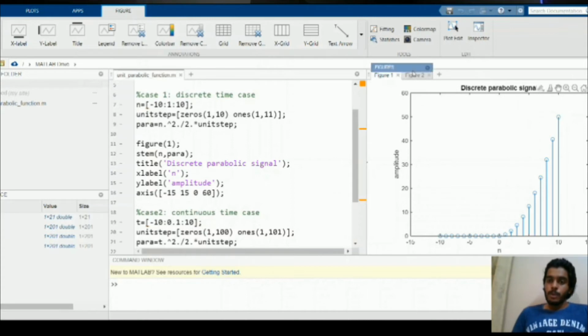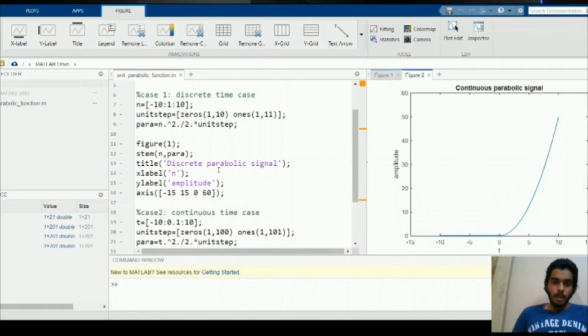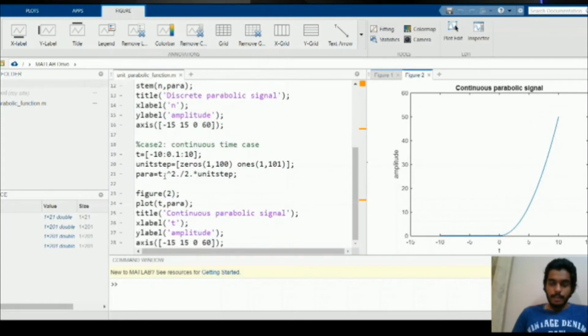Now let us look into the continuous parabolic signal. Over the continuous parabolic signal, we have defined our range from -10 to +10, in which the curve has been plotted, and our increment is 0.1.